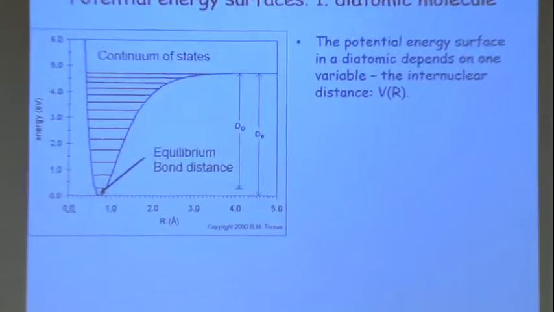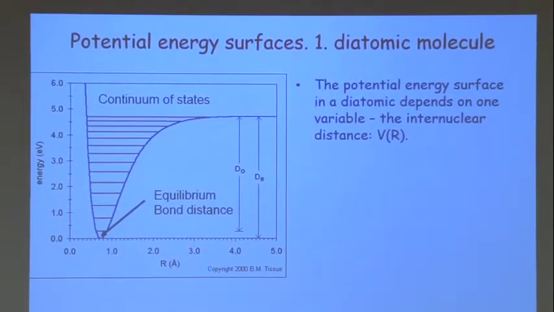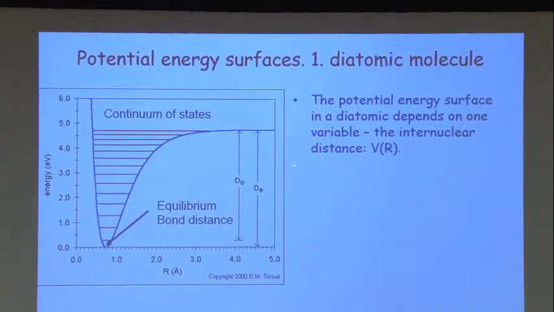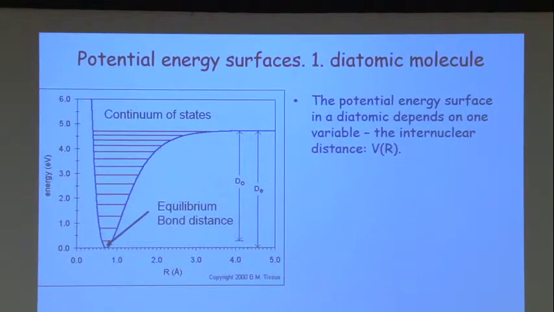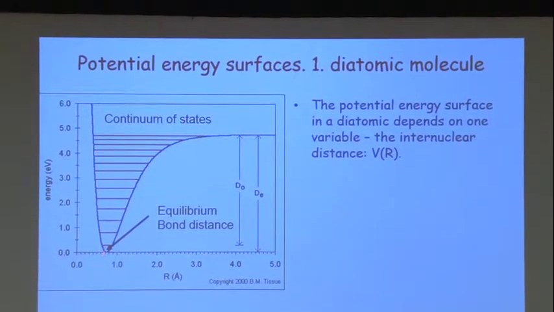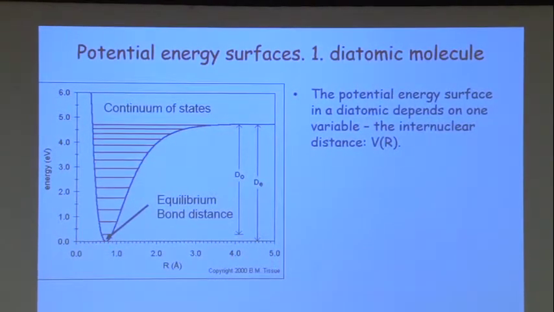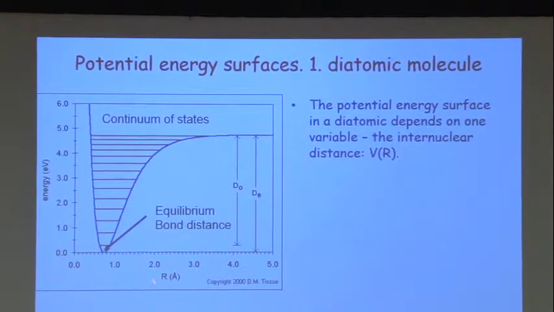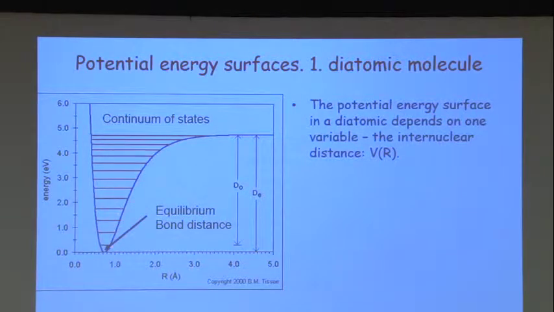Let's have a look at potential energy surfaces. So this is the potential energy surface for a diatomic molecule. What happens is there is an equilibrium position here in which the energy of the molecular system is obviously minimized, and then the molecule vibrates and the potential energy increases.